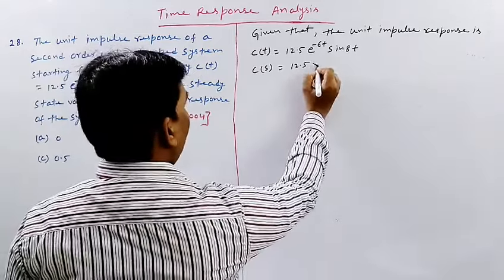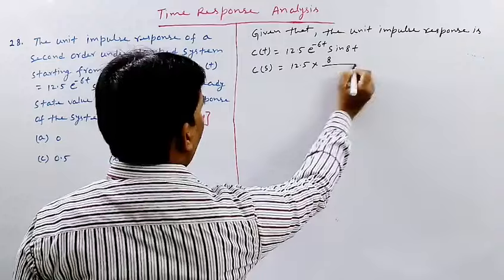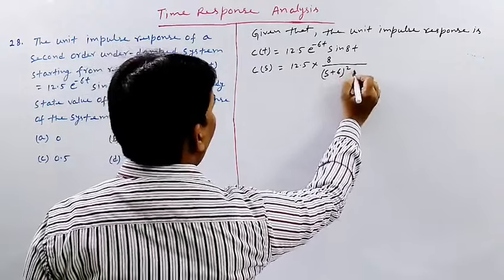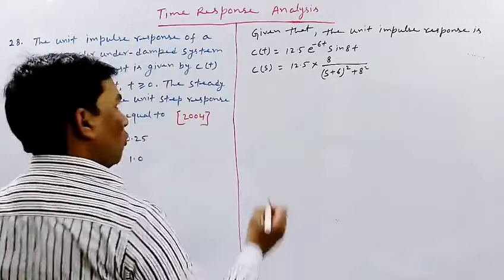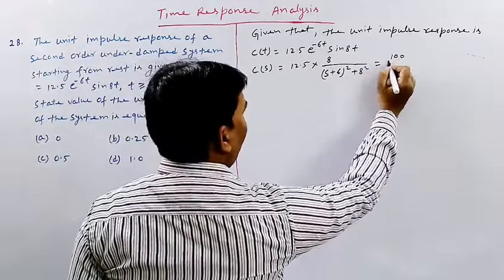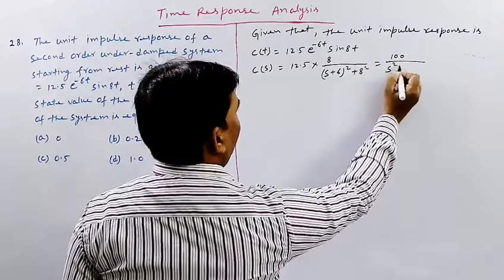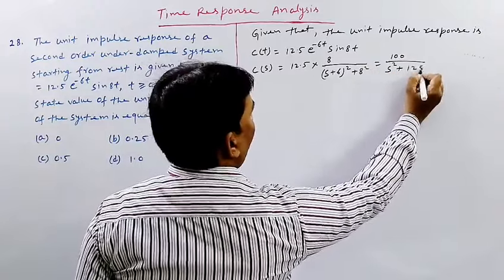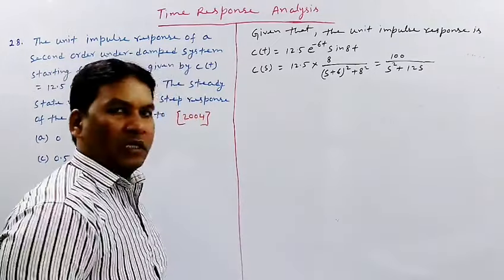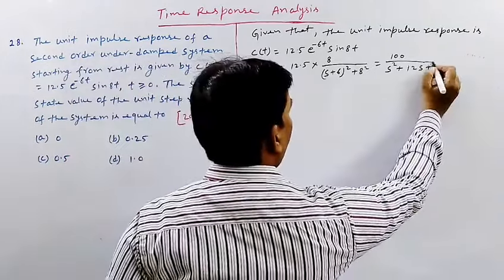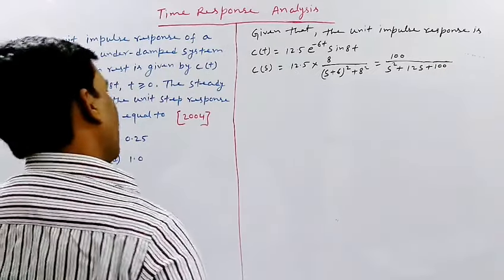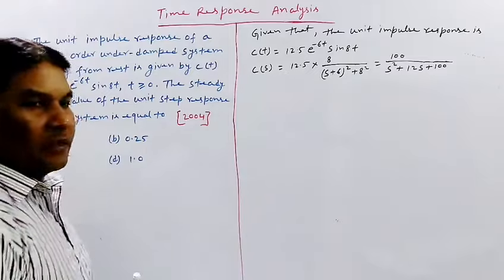So it will be multiplied by 8 divided by (s plus 6) whole square plus 8 square. So 12.5 multiplied by 8 will be 100, and the denominator will be s square plus 12s plus 36 plus 64, which adds to 100. So we have got the value of C(s).